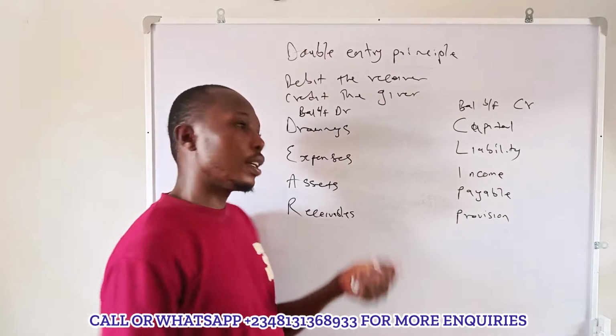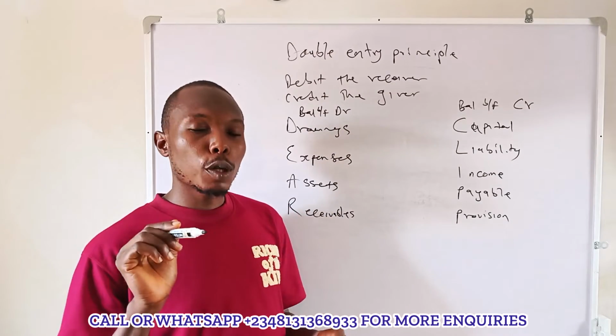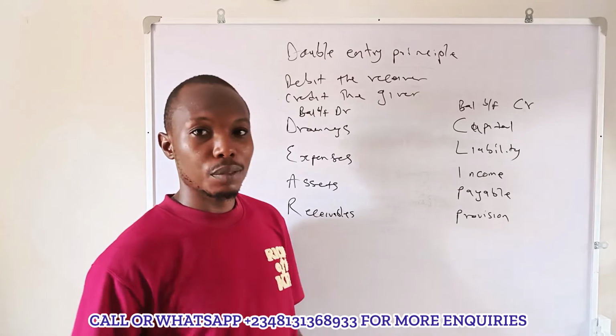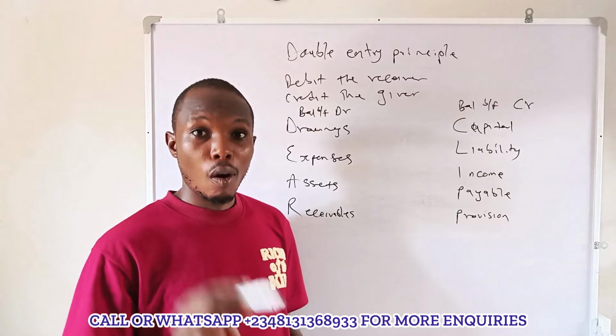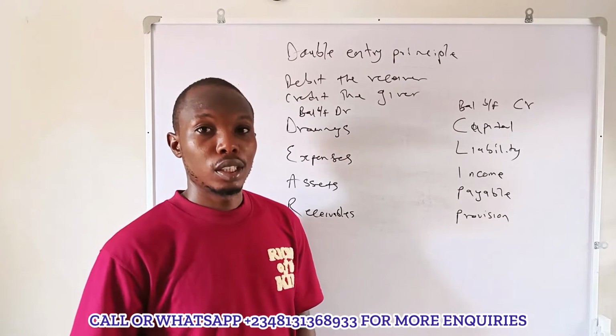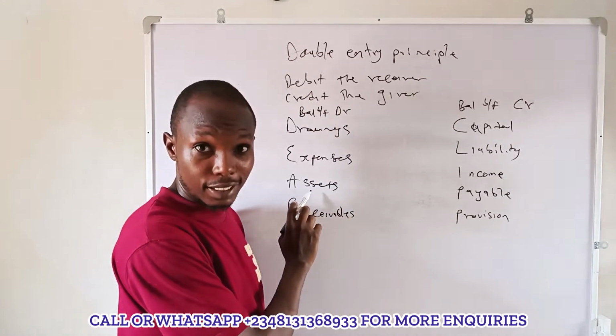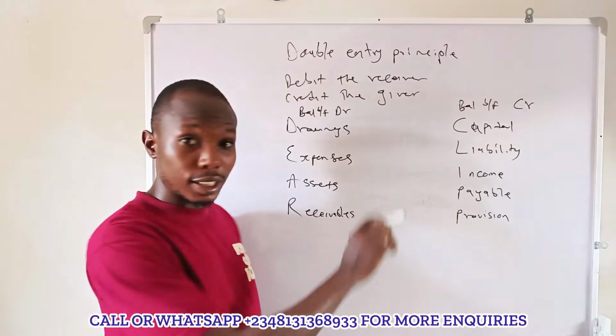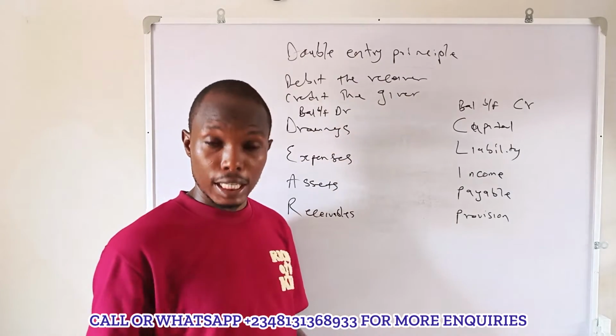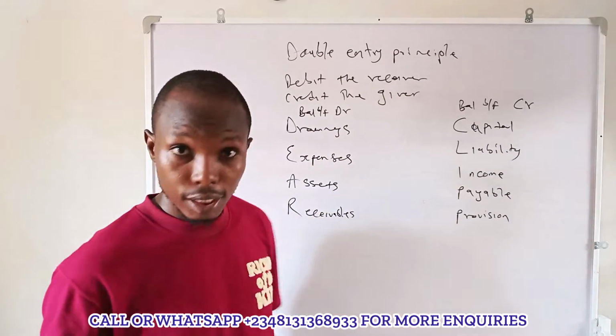But in the case whereby we are told that we incurred an expense from bank, our bank balance reduces. Remember, bank is an asset. If you go to your asset category, we have non-current assets and we have current assets.